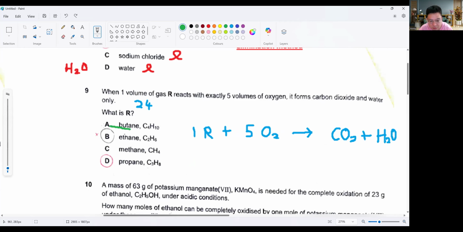So I'm just going to do the wrong answer that the student chose, C2H6. In the exam, what the student should do, if you see this question, the only way is trial and error. So your balancing equation must be very fast. One thing we cannot change is, because they say 1 and 5, this 1 we cannot change, this 5 we cannot change. It must stay that way, okay?